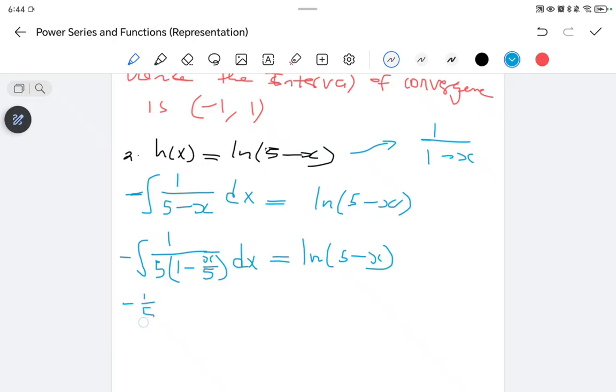I think it will be fine for that. So 1 over 5 integral of 1 over 1 minus x over 5 dx is equal to ln of 5 minus x.